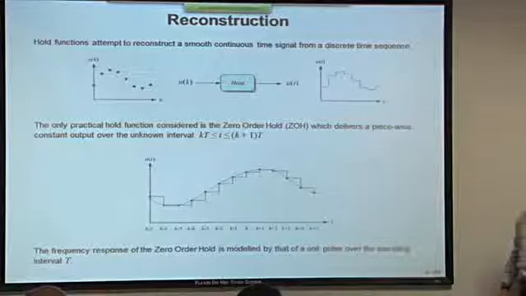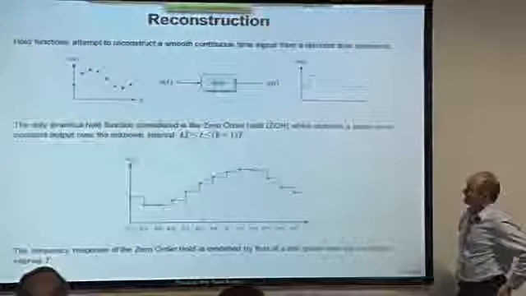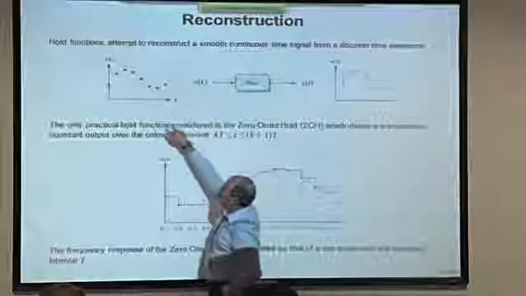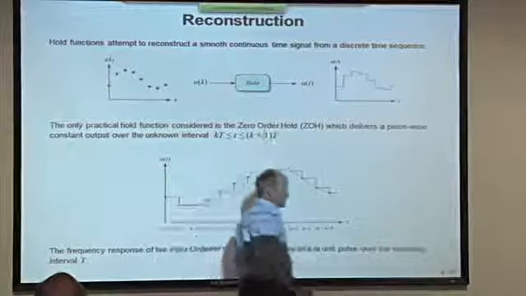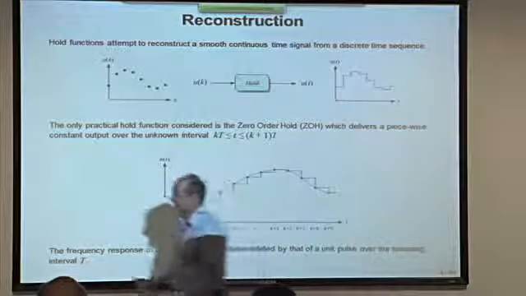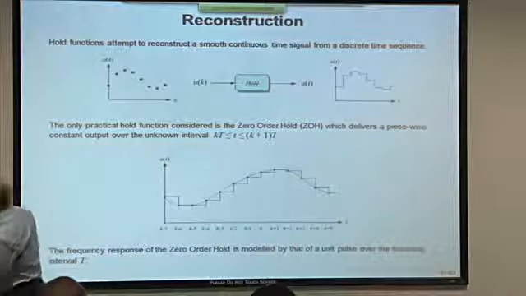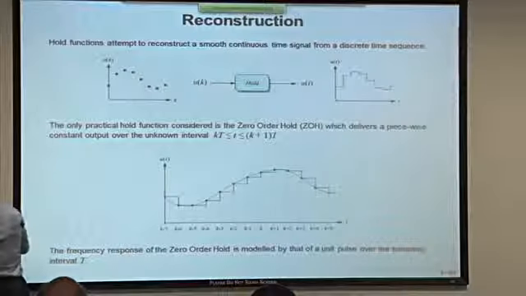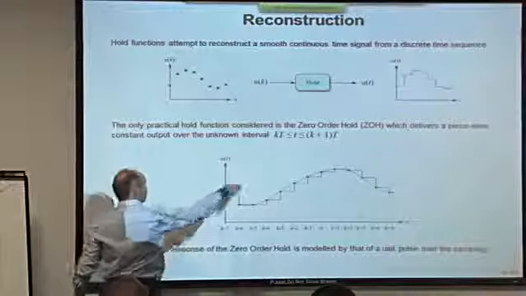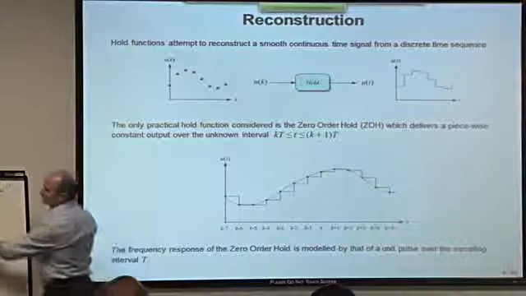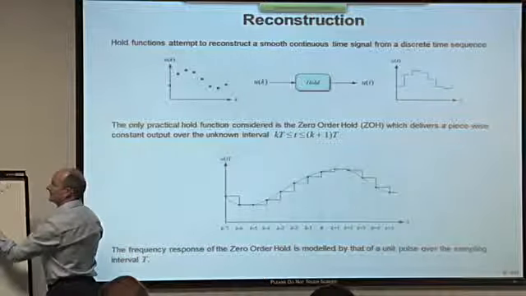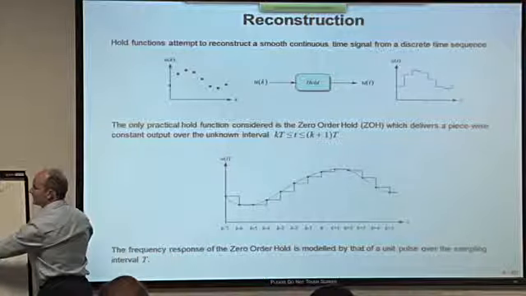Now, the other thing that we've got to be careful of, apart from managing time delays, is the effect of this reconstruction using a zero-order hold. That's the thing that turns this sequence of numbers into a sort of steppy function. Now, I say, though I may be wrong, that the frequency response of this thing is equivalent to the frequency response of a signal which goes from 0 to 1 at time t equals 0.